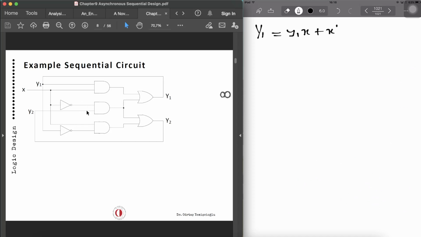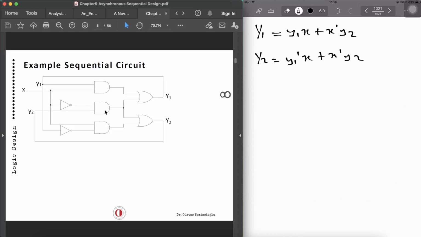Then let's find Y2 as well, which is x and y1 prime, or, and also this is common, x prime y2. So now we have two next state equations for our circuitry.